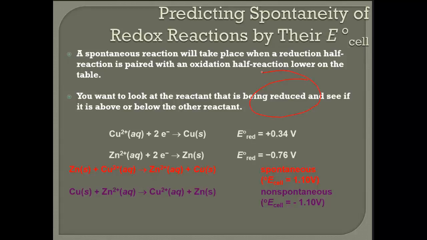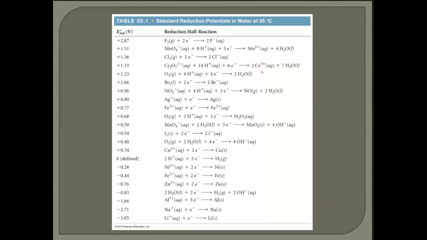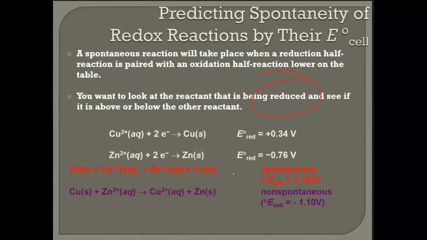So if we compare copper and zinc, here's copper and here's zinc. If we look at the reaction in this one, we're looking at the one that's being reduced. So we're looking for the one that's gaining electrons, reduction.